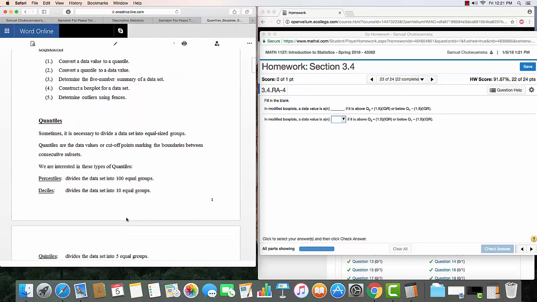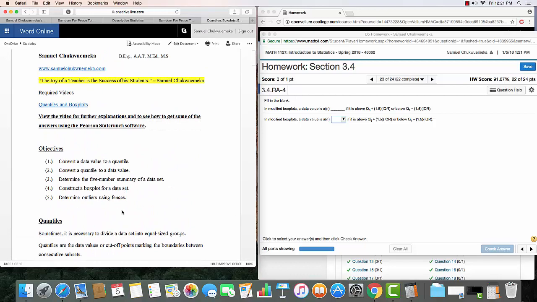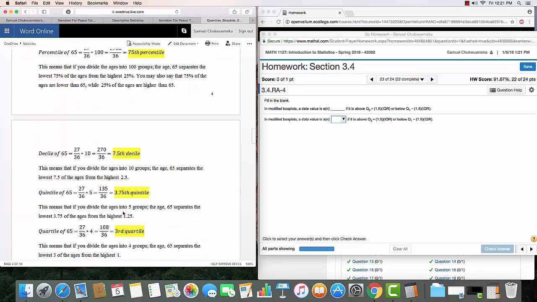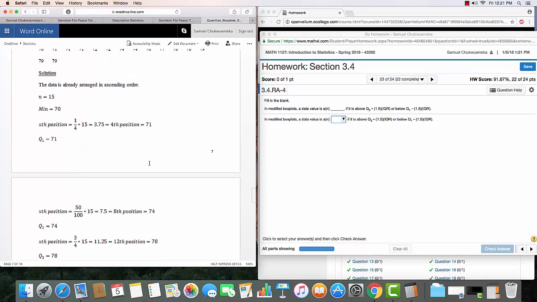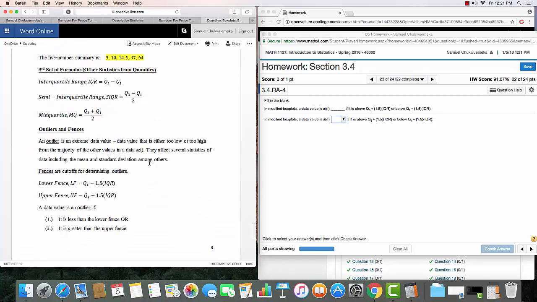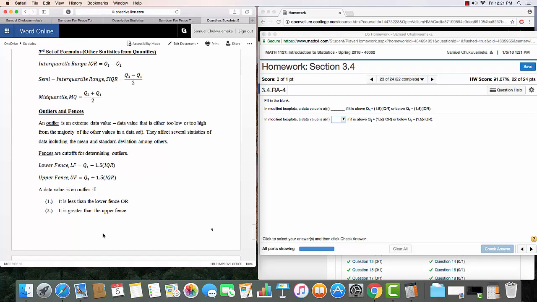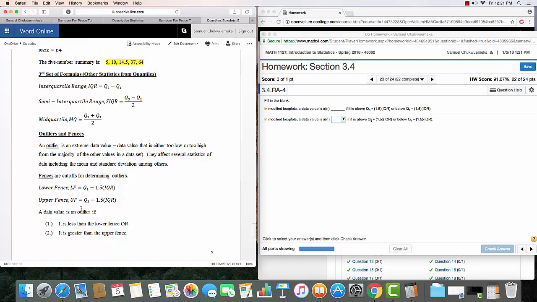We determine outliers using fences. So the upper fence is this and this is the lower fence. If the data is above the upper fence or below the lower fence, that's an outlier.